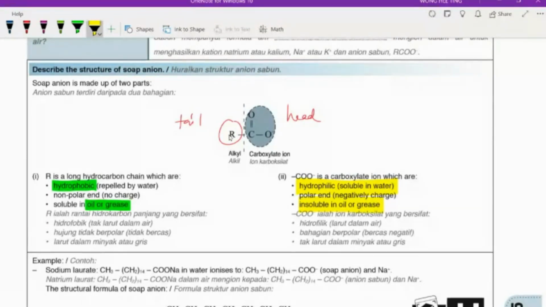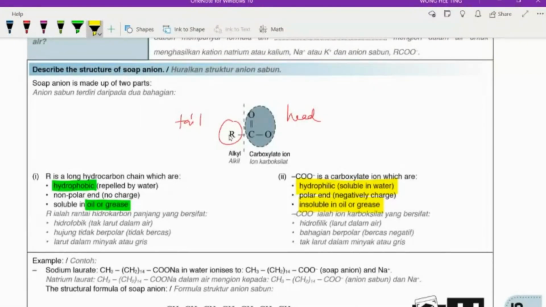Philic comes from philia, which means love water. Hydro means water. Hydrophilic means love water, soluble in water. Phobic means phobia to water, or repelled by water.